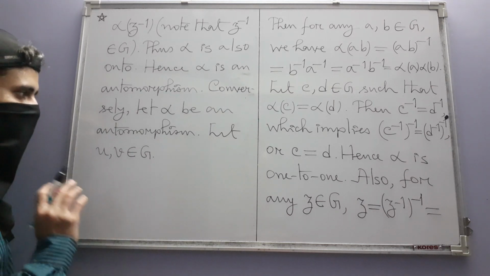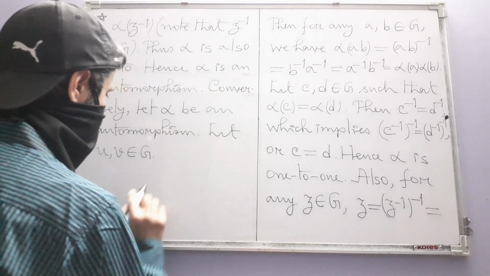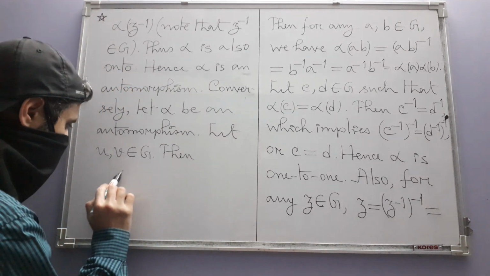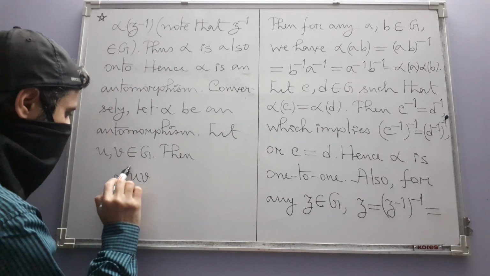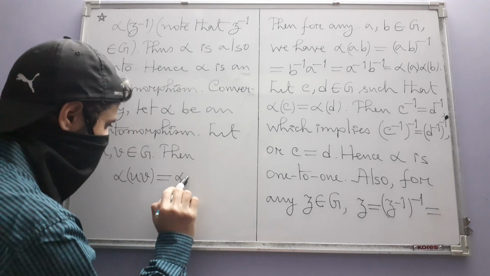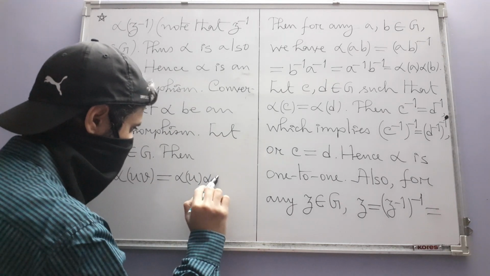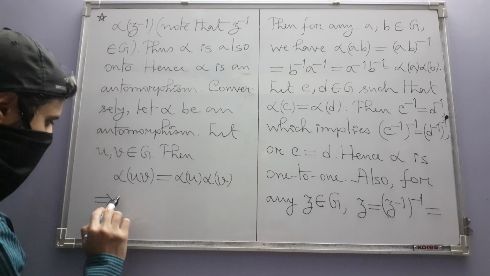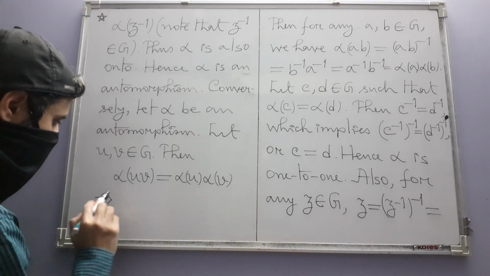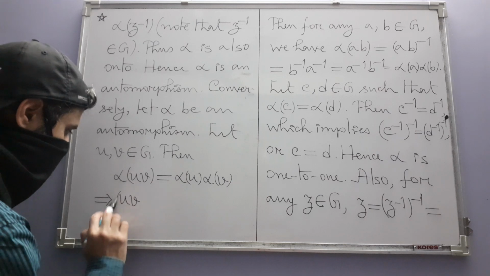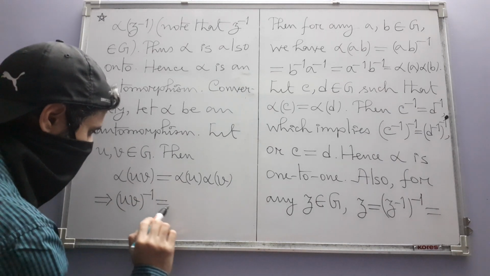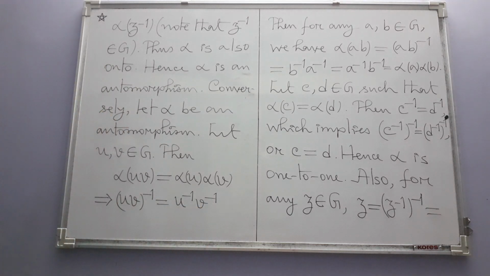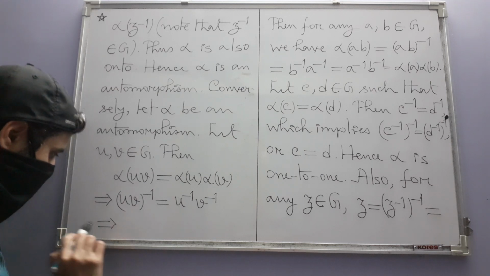Now using the fact that alpha is an automorphism, you get this. Now what does this imply? It implies, if you just apply the definition of alpha, you get this, which itself implies what?